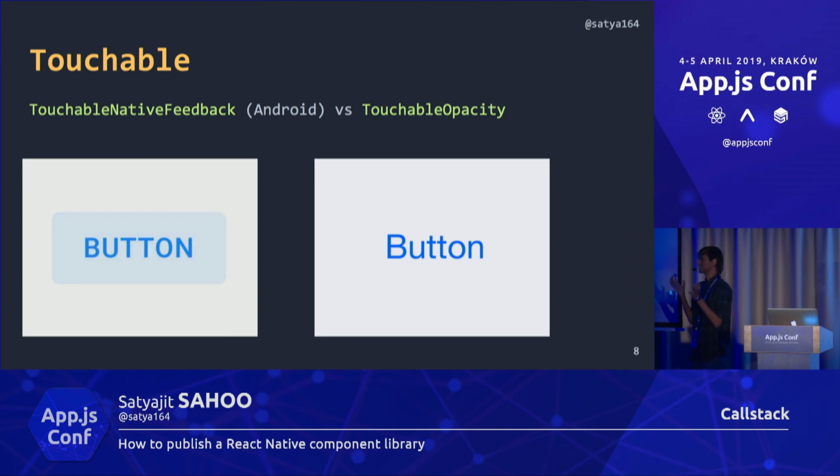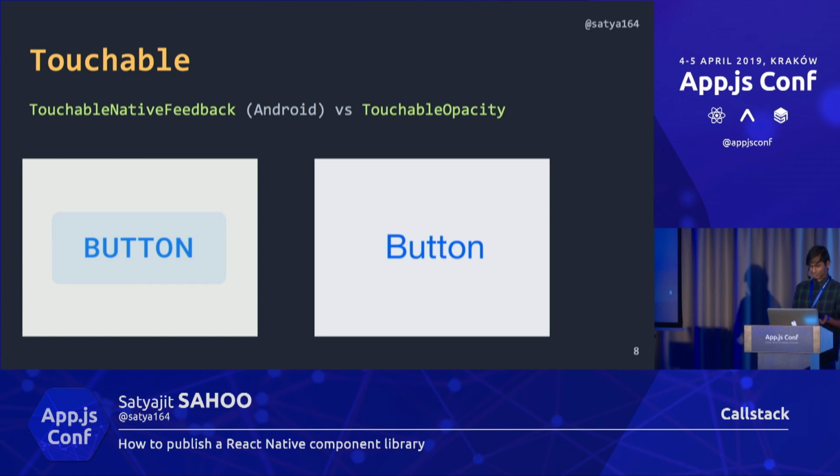Unfortunately, there is no single component to have this, so you always have to write if platform OS Android use touchable native feedback, otherwise touchable opacity. But even that condition is not enough, because touchable native feedback with ripple is only supported on Android 5 onwards. If you try to use it on older Android versions, your code will crash.